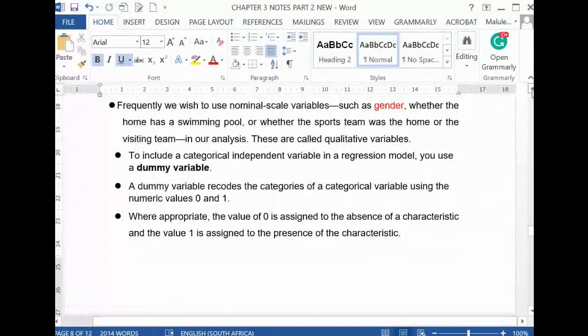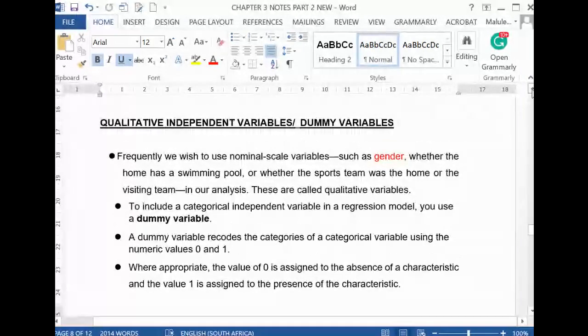Yes, so now before I move to the confidence intervals for the mean and the prediction confidence intervals, I decided to bring how you interpret a qualitative variable.